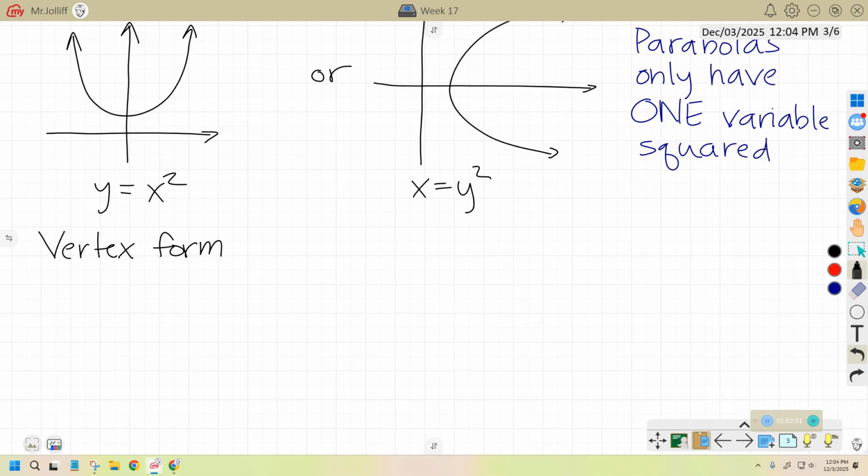And I'm only doing vertex form for the vertical guys. It gets a little weirder when it's a horizontal. And then I'll show you the standard forms that your book does.